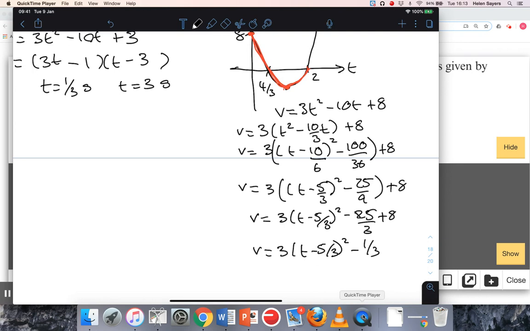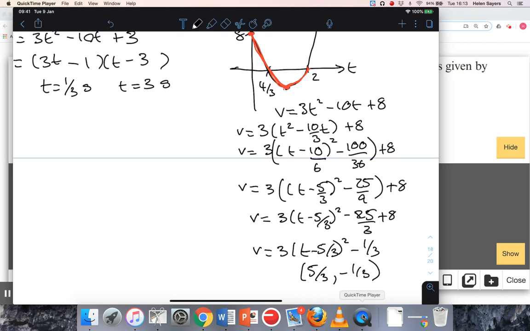So assuming I haven't done anything wrong there, the vertex is at 5/3, minus a third.